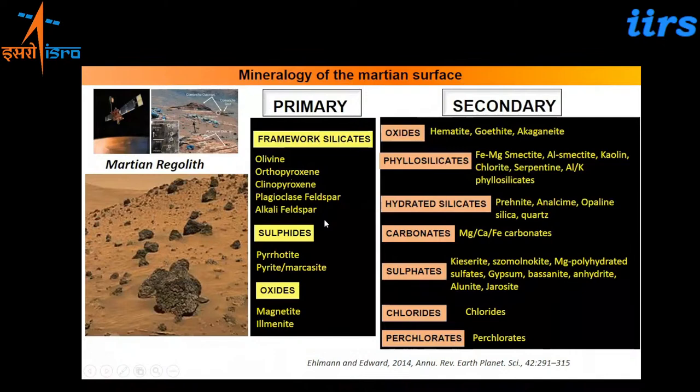Other than silicates, sulfides and oxides have also been detected. And these are the secondary minerals formed by alteration of these primary minerals: oxides such as hematite, goethite and akaganeite, then clay minerals, phyllosilicates in the form of smectites, serpentines, hydrated silicates, carbonates, sulfates, chlorides and perchlorates.